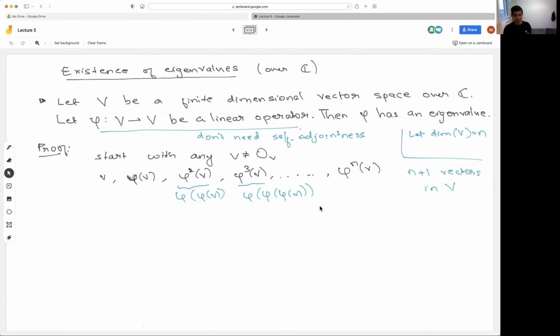If you remember one of the first examples of linear dependence in R2, one of the examples given was that any 3 vectors are linearly dependent. Similarly, if you have an n-dimensional space, then any n plus 1 vectors are linearly dependent, because we have too many of them. We can't have n plus 1 linearly independent vectors.